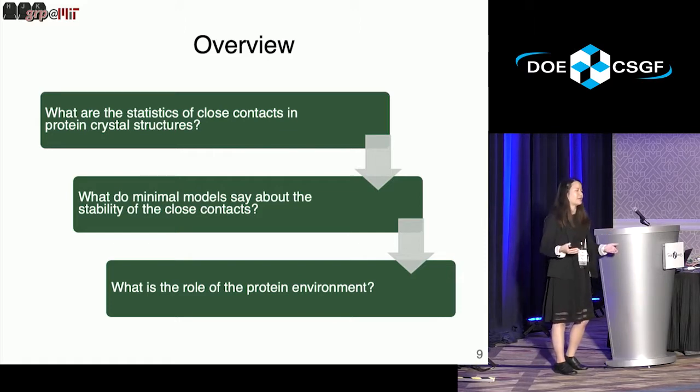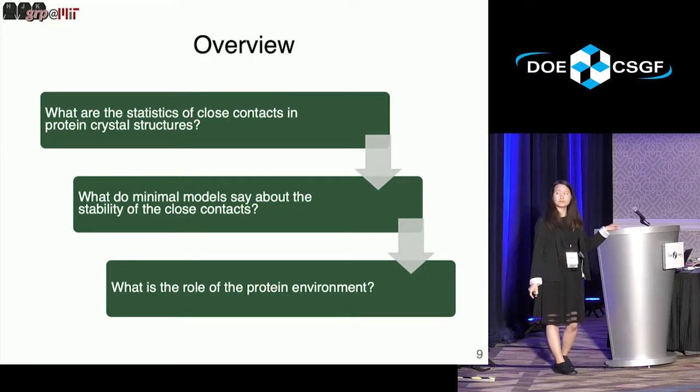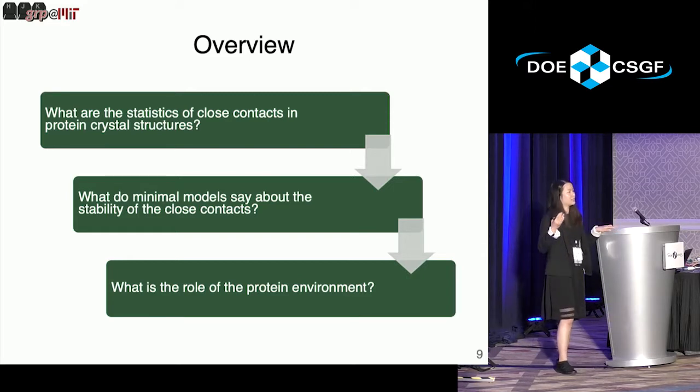We believe that the experiment is telling us that these actually exist, as opposed to it being an artifact of the experiment. We'll then talk about some minimal models to try and understand, if these two residues are just in close contact, does molecular mechanics and quantum mechanics say that is a supported interaction? And then we'll put it back into the protein environment as a whole.